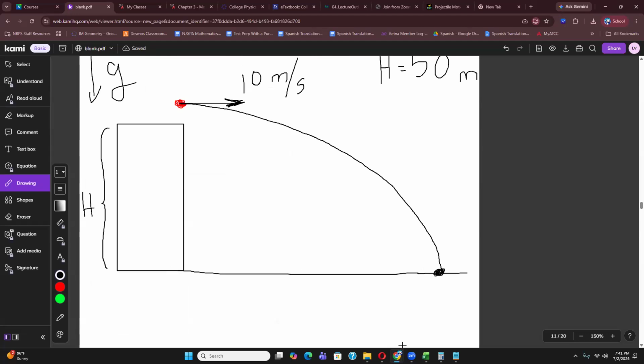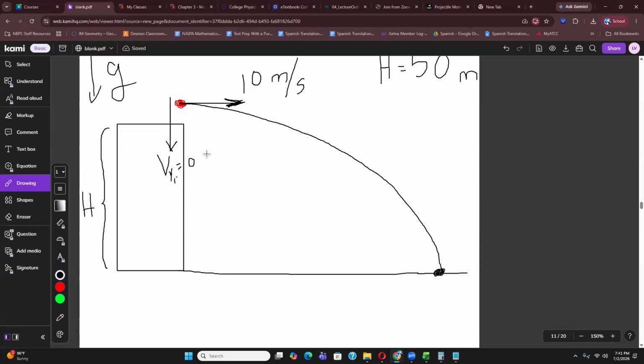So there is only one component for the velocity, just the x component. Can somebody tell me what is the value of the initial vertical velocity? Would it be 0 vertical? Yeah. Vy initial is 0.